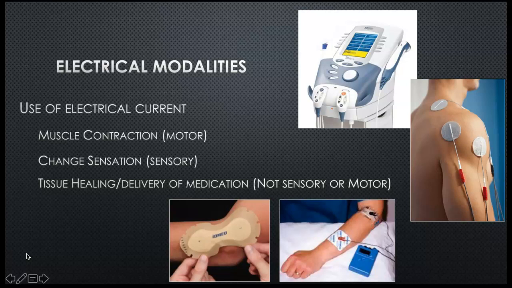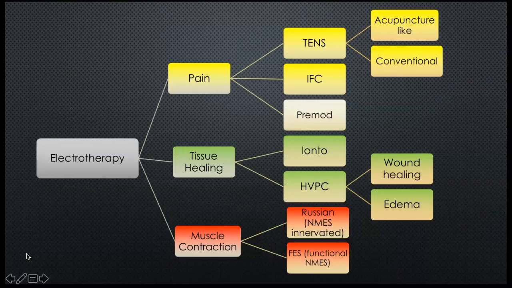Some of them can deliver drugs, and some of them can also, just the electricity and the polarity of that electricity in the area can promote healing. So that's not really for the purpose of motor or sensory, but you might get some sort of sensation when your goal is tissue healing.